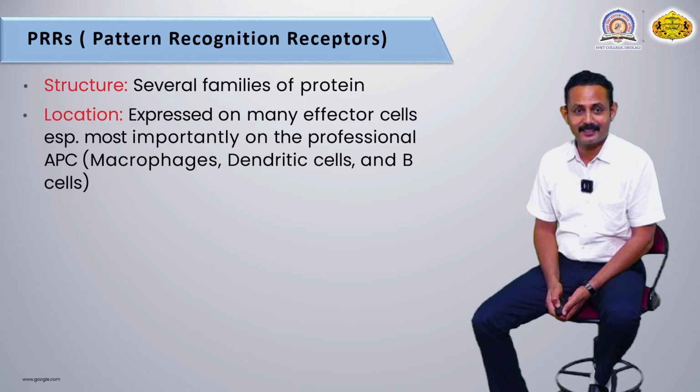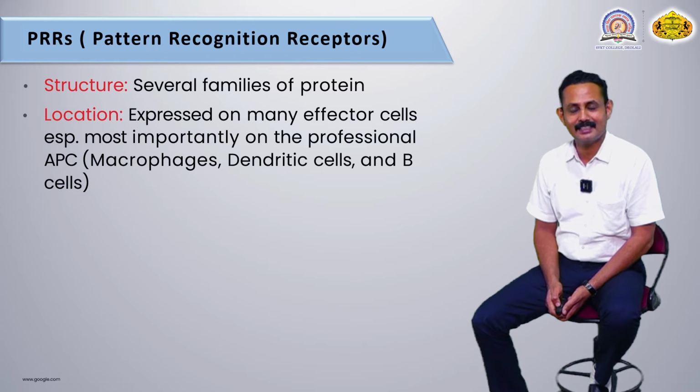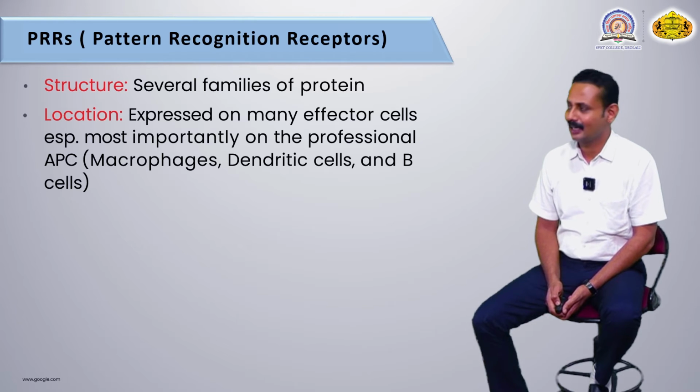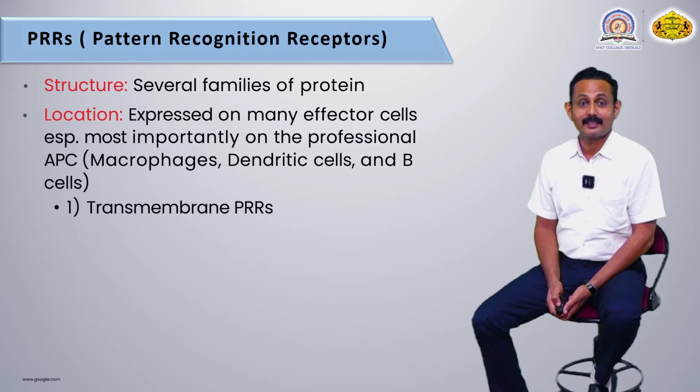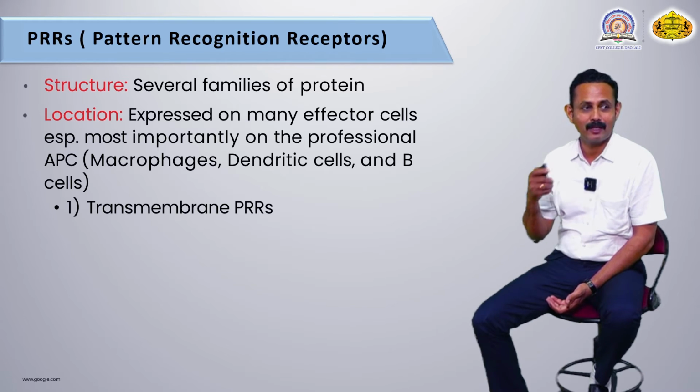So these PRRs are generally located on professional antigen presenting cells and other types of effector cells also. These pattern recognition receptors are generally present in the cell membrane, where they are embedded, with some part present in the cytoplasm and some part floating on the surface.